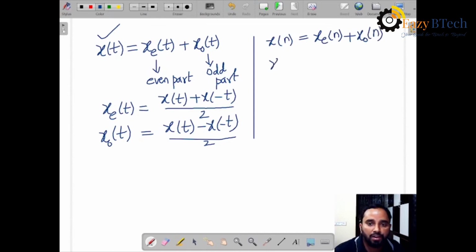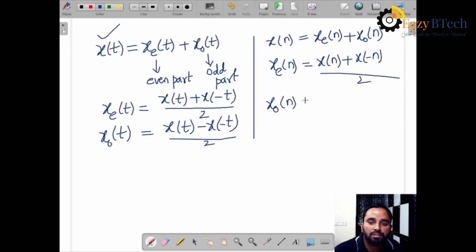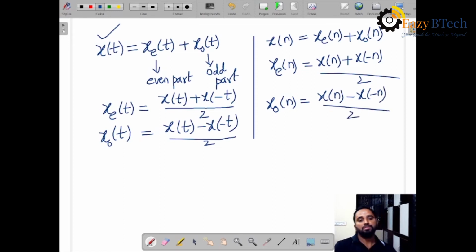To get the even part, in the same way, x of n plus x of minus n by 2. And to get the odd part, x of n minus x of minus n by 2. So this is another point related to even and odd signals.